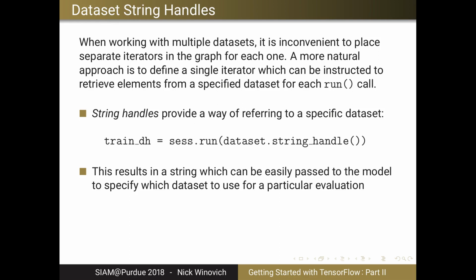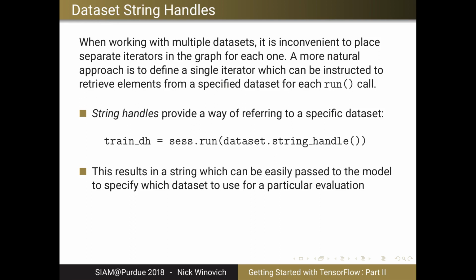And we can do this using data set handles, which are basically just a string, with some technical details at the beginning, but then it just ends with the name of the data set that you're using. So the string handle is basically just a label which tells TensorFlow where to go to get the data set.